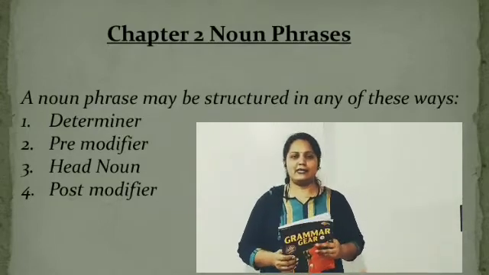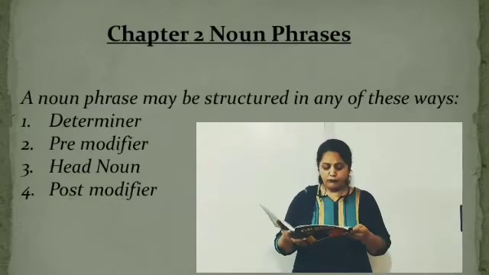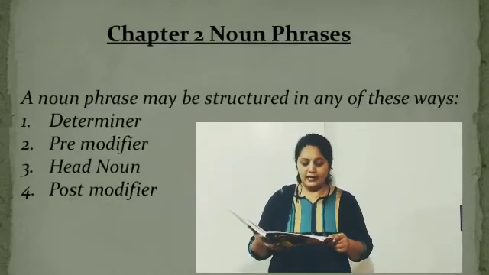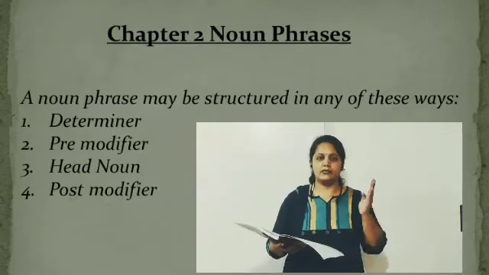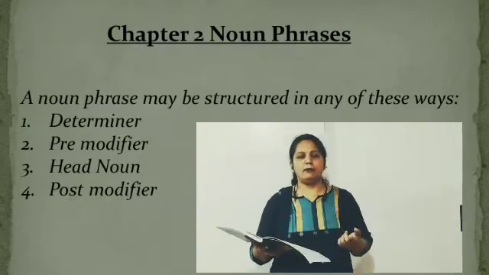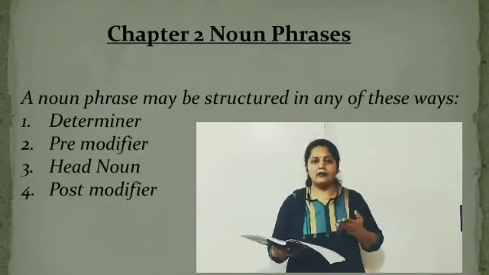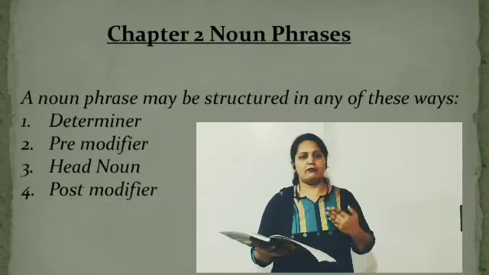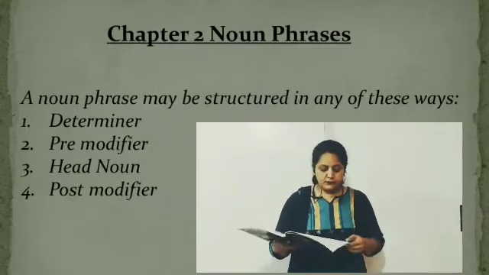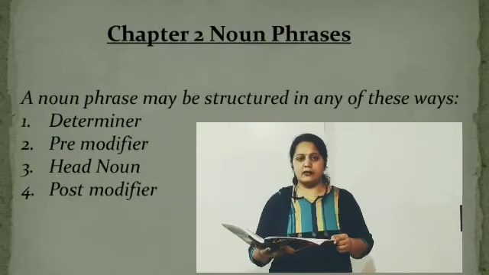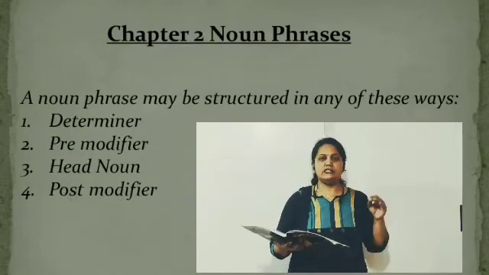So let us see what is given in your book. A noun phrase may be structured in any of these ways. First we have a determiner, then the pre-modifiers, then the head noun, and after that the post-modifier if it is needed. Some examples are given here: every Indian child.